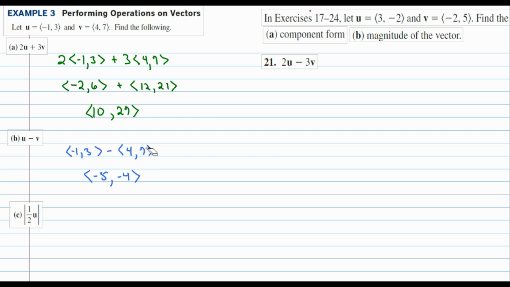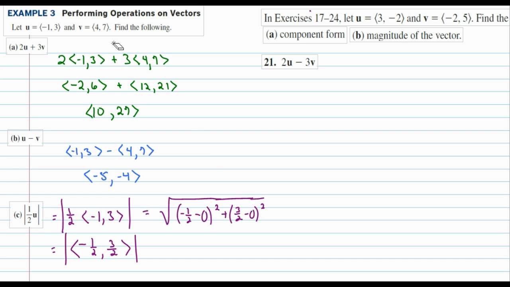Part C, half of the magnitude of u. Alright, well, half of the vector u would be 1/2 comma 3/2. So let's find the magnitude of that.